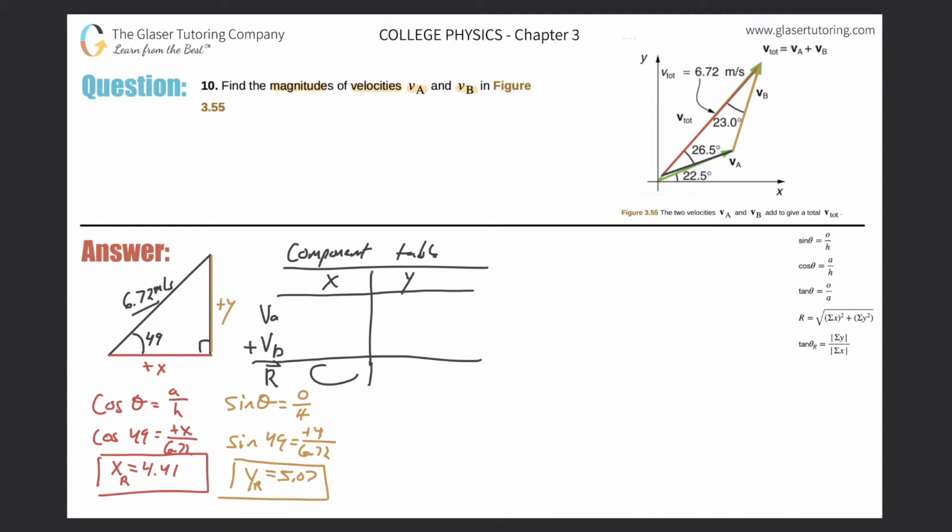So we actually know these values here at the bottom of our table. So let's plug them in. So we have 4.41 and we have 5.07. And these are all in meters per second. I'm just going to leave out the units for now just to make things simpler. Okay, so now I'm missing these values, right? And now you might be thinking to yourself, well, man, this is going to be hard to calculate. What am I going to do?